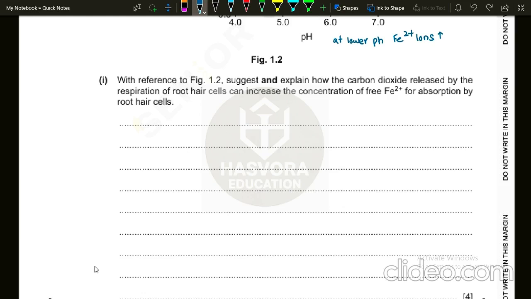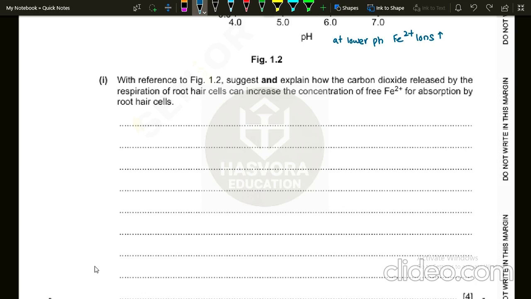So it will dissociate into H+ ions and HCO3- bicarbonate ions. I hope you all are taking chemistry. Whenever the H+ ions increase in concentration in an aqueous solution, the pH becomes acidic. So that's the main idea of these questions.